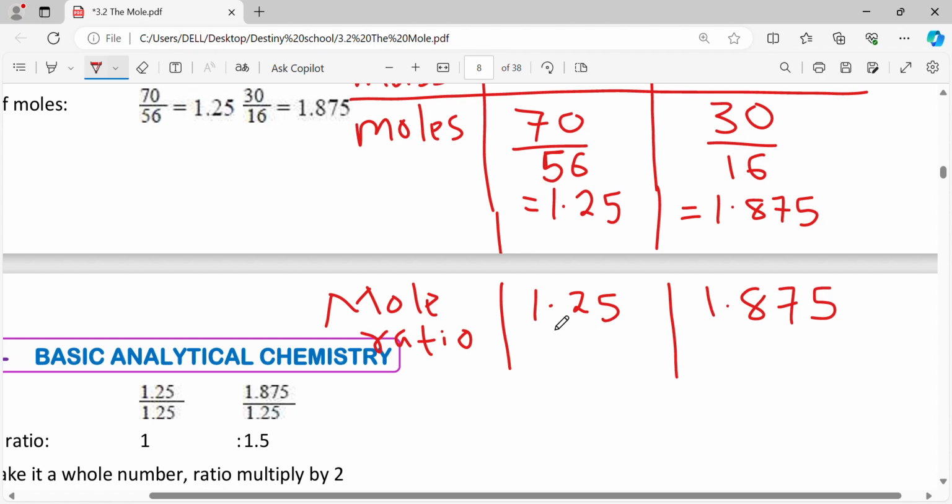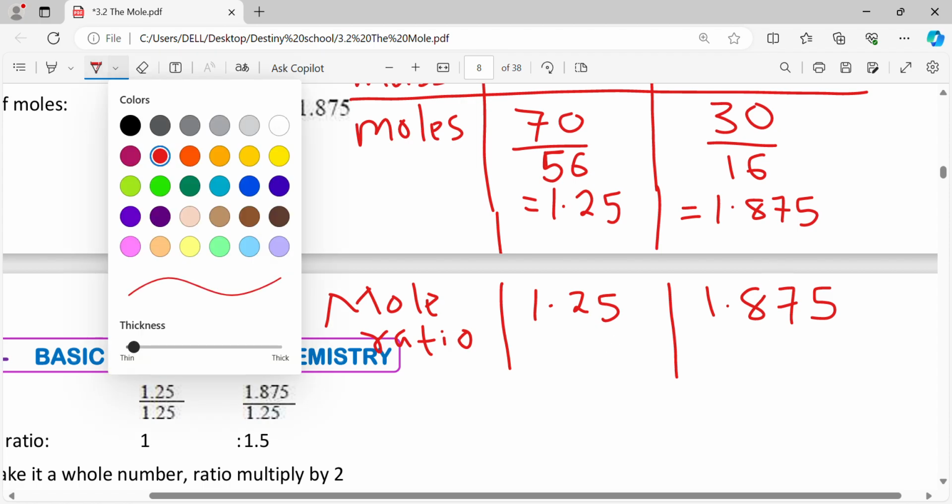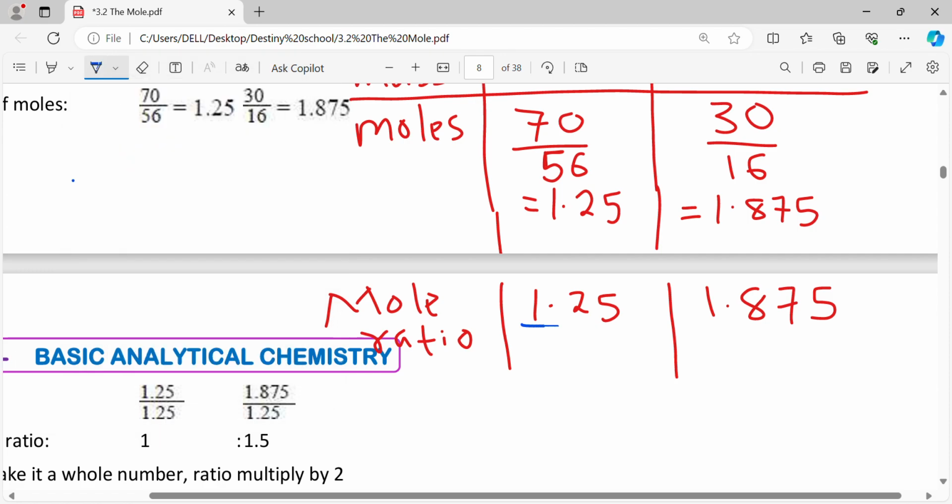After finding that, you divide both sides by the smallest number. You look at the numbers that you have, then pick the smallest one. Of course, 1.25 is smaller than 1.875 because 1.2 is less than 1.8. So this one is the smaller one.